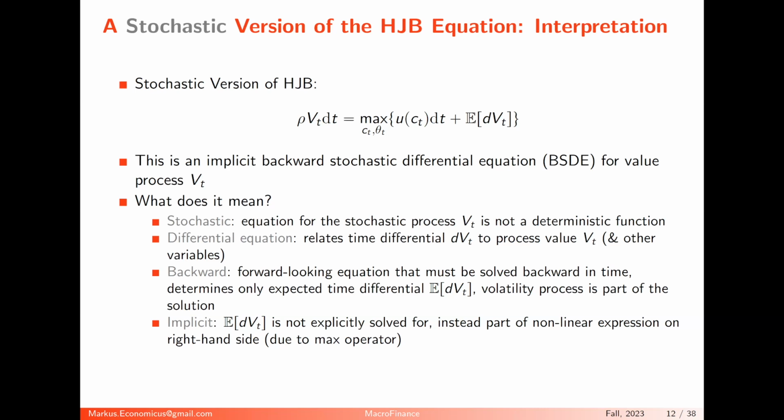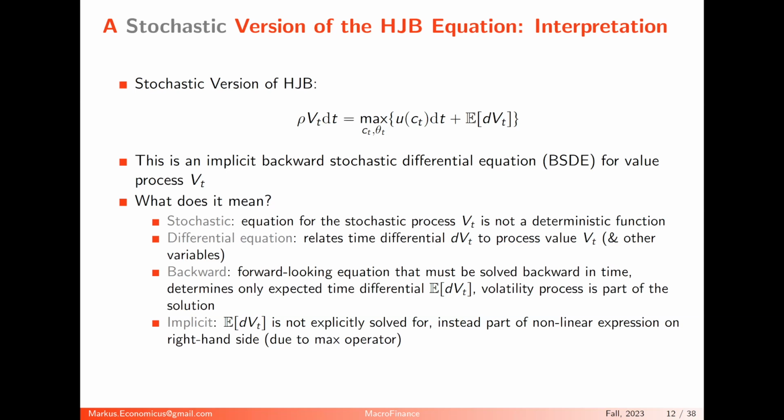So what matters is only the expected time differential, and we mentioned this already last time. This thing, if you have Ito processes, will be very easy to handle. Well, in discrete time, you also have expectations over changes in the value function. But you need to know the value function across all the state space. Here, once you apply some Ito formula, this becomes actually deterministic.